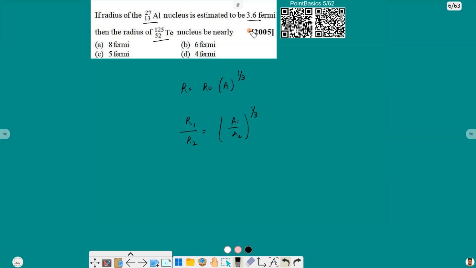So the radius of aluminium is 3.6 Fermi. So 3.6 by R2 will be equal to A1, that is 27 for aluminium, divided by A2, that is 125, raised to power 1 by 3. So this will give us 3.6 by R2 is equal to 3 by 5, and from this R2 will be equal to 6 Fermi, and that is option B for us.